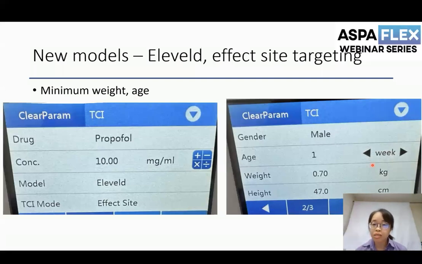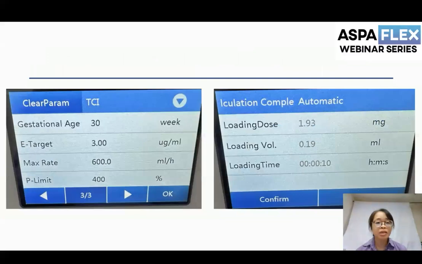Minimum weight is 700 grams. Height, I don't think there's a minimum that I can see. The next page is where we plug in the gestational age, what age the child was born, and then the target. So in this case, for the 700 grams, the loading dose is 0.19 mls.